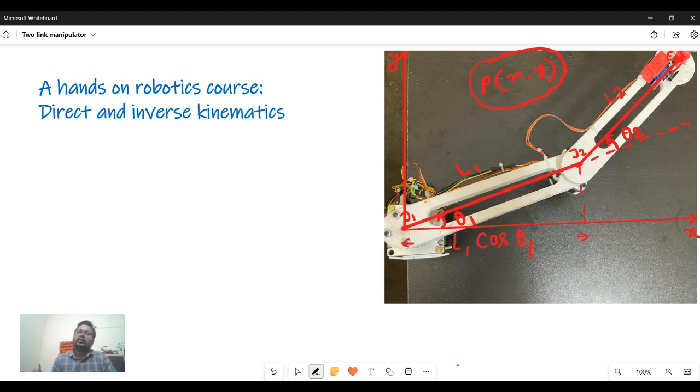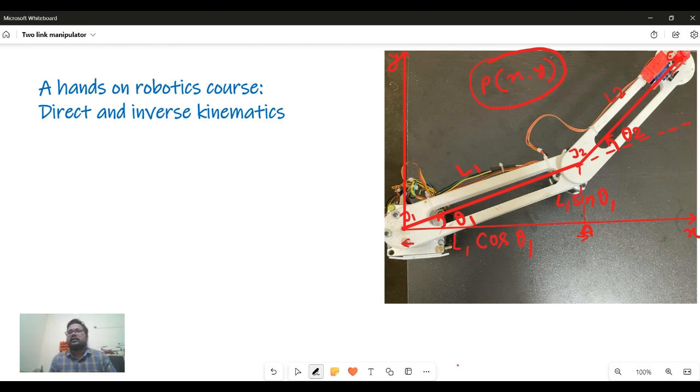Likewise, the perpendicular, if I consider this point as A, J to A will be L1 sine theta 1.